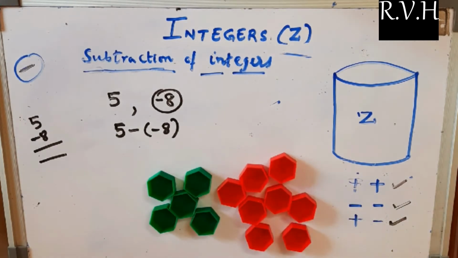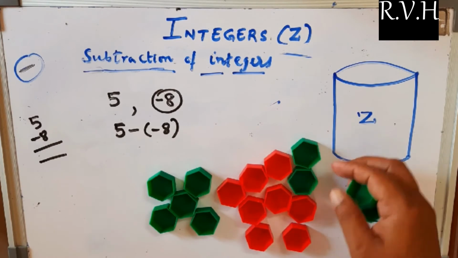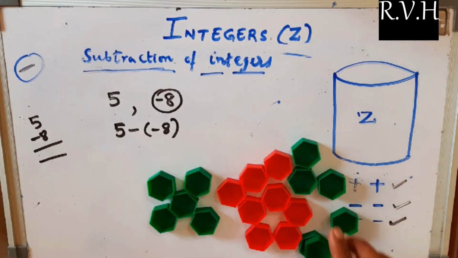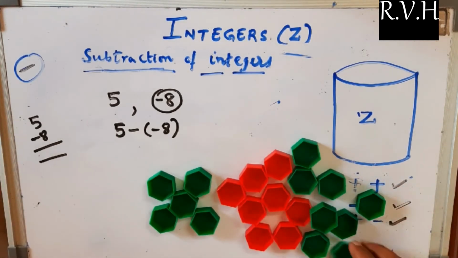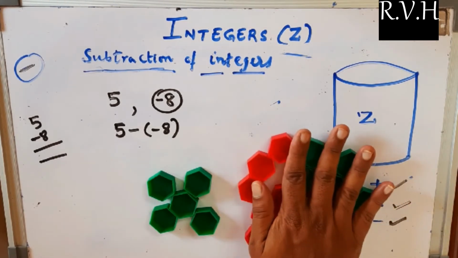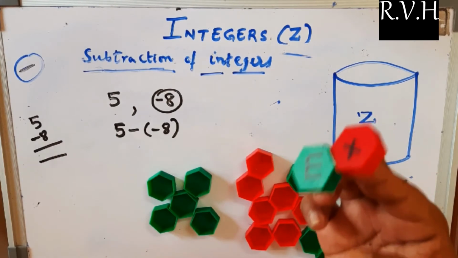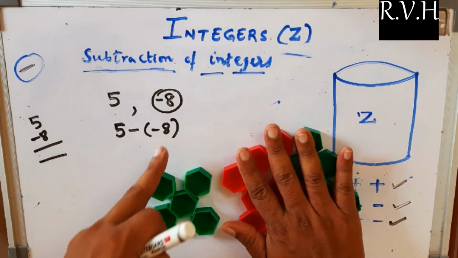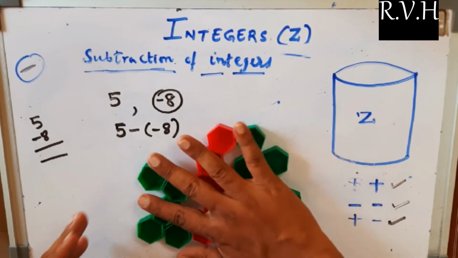So to make them neutralized, I neutralize all these 8 by introducing 8 green ones. 1 2 3 4 5 6 7 8. Now this entire thing is nothing but 0, because 1 red 1 green becomes 0, as I told you in the beginning. They vanish each other. So this is 0. But anyway, I introduced 8 red ones and neutralized them with 8 green ones. Now this entire thing is 5.